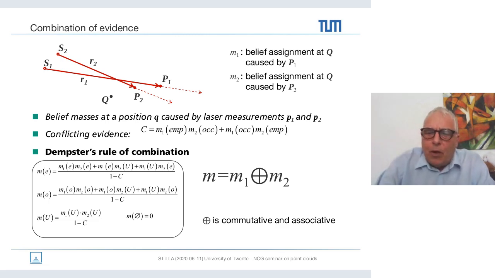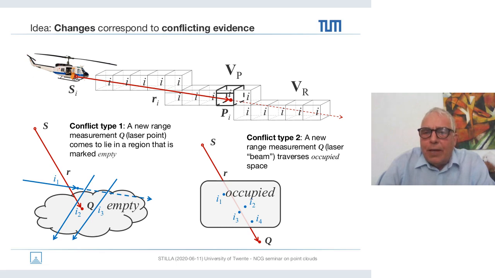I will show this some slides later. Let us assume that the laser is fired from the helicopter, and we have a reflection in this cell P1. Then we can traverse this laser through the voxels and say empty, empty, empty, empty, empty, empty. We do not know, we do not know, we do not know.